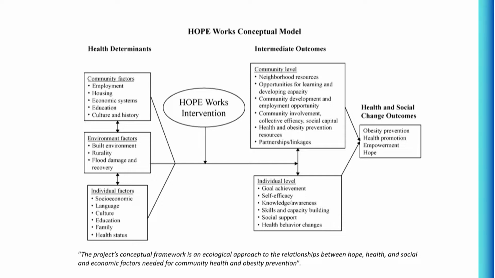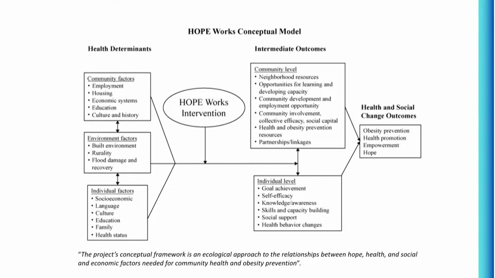Yeah, because if you look at the community level, it's resources, opportunities for learning, etc., self-efficacy, knowledge, skills, capacity. So this is something like a theory underpinning whether this obesity prevention intervention will work. They're trying to look at the factors that consist of an enabling environment for this intervention. Okay, it's also a conceptual framework.